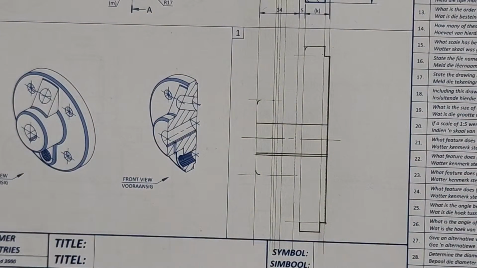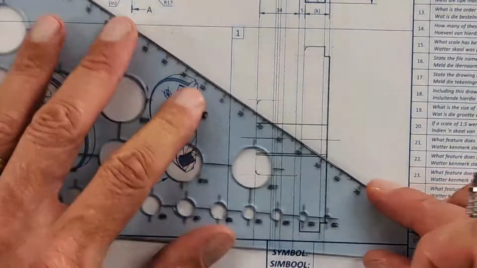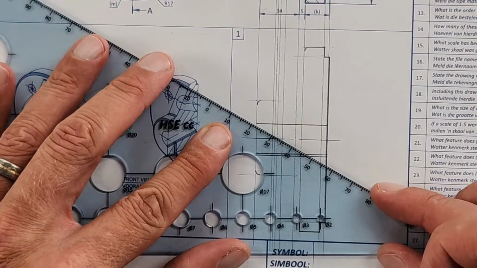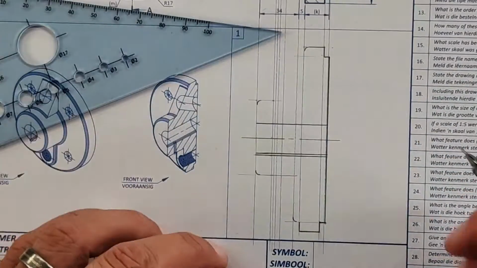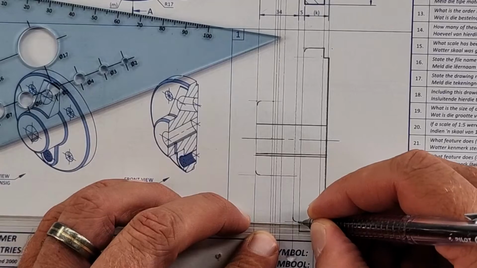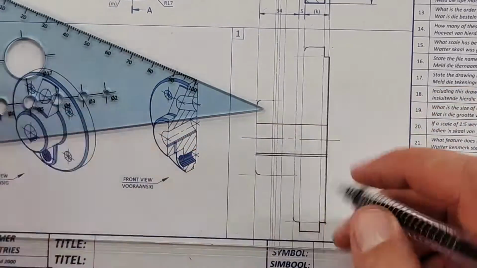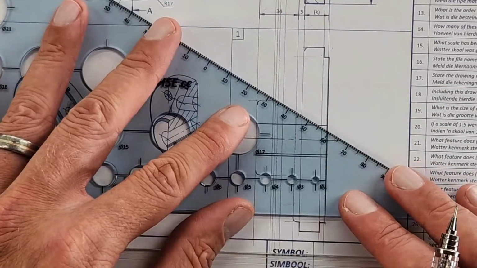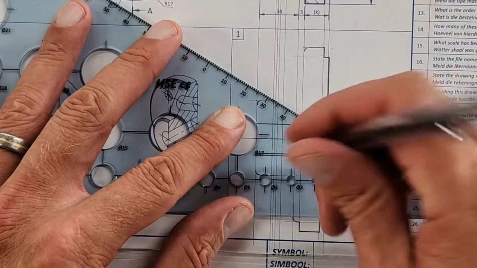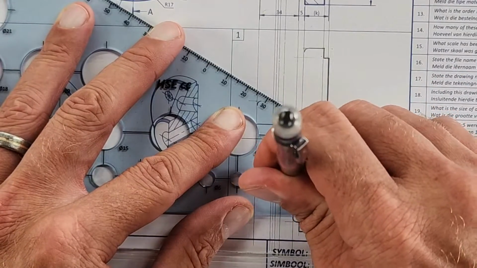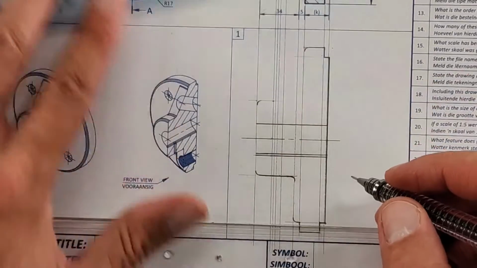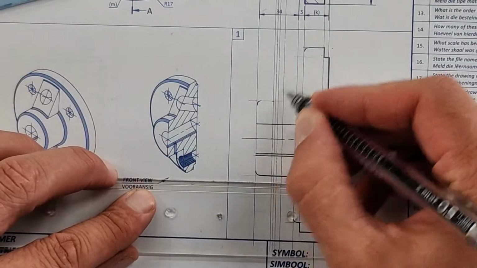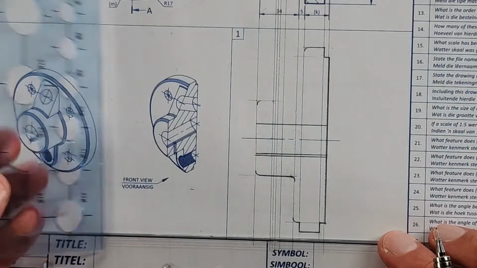Okay. So let's quickly see if I can just rush through this one so that you actually see the memo for this. So I'm using that 3 millimeter to just get the different fillets and rounds drawn. It's too small to try and do with a compass. Alright, then there is an angled part.